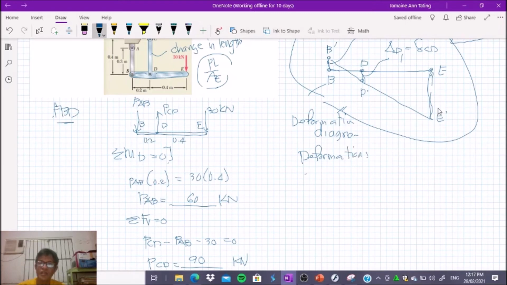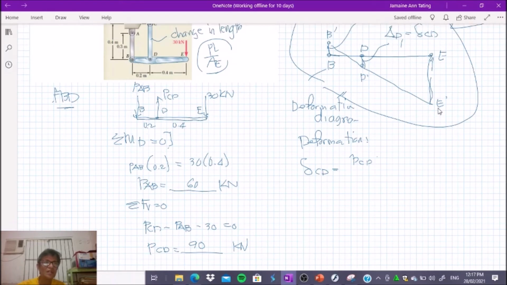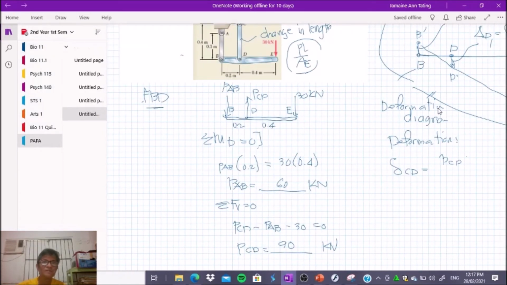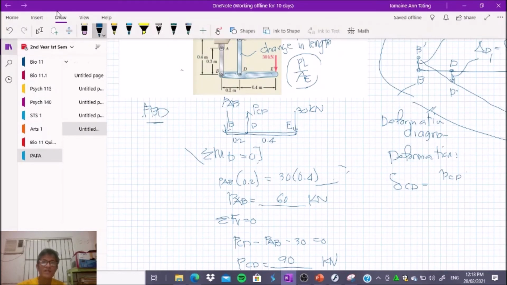So, we have the deformation of member CD will be equal to PCD.